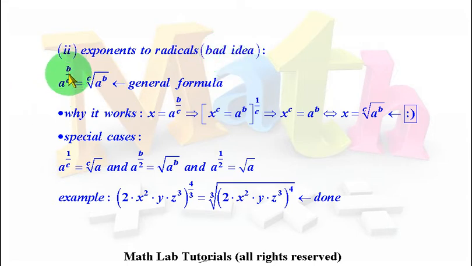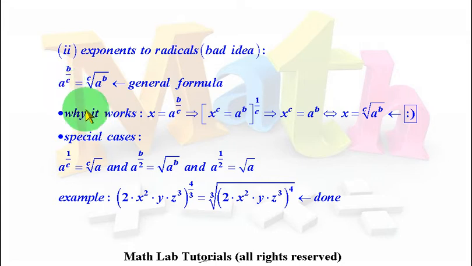A to the power b over c is equal to the cth root of a to the power b. That's the general formula. Of course, that's just the other one that I gave you just a few minutes ago, written backwards. Why it works?